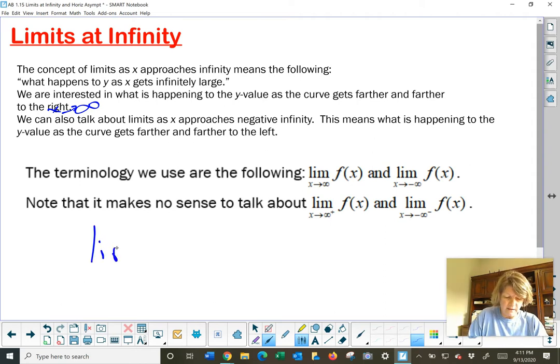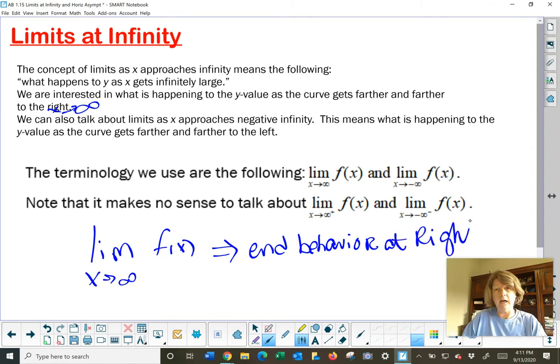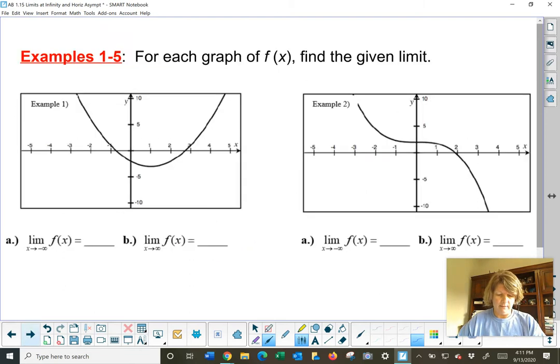So that gives us this limit as x heads to infinity, and it informs us about the end behavior of our function. And we're looking at end behavior at the right side of our graph. And then likewise, as we head to negative infinity, we're getting end behavior on the left side of our graph.